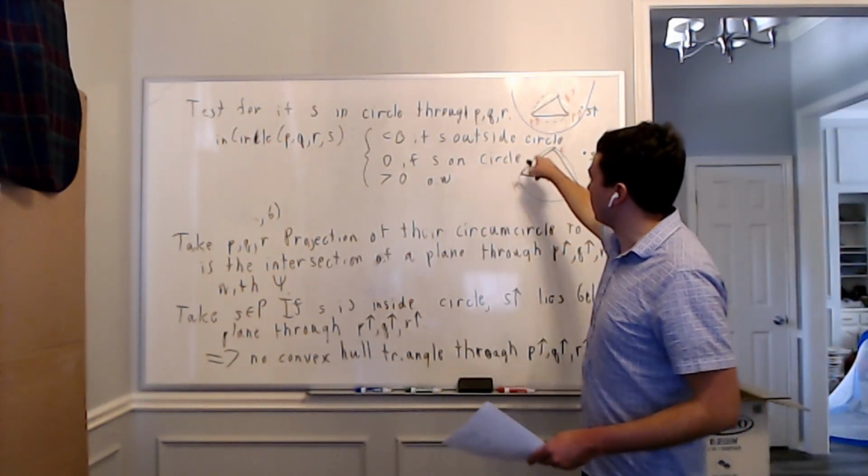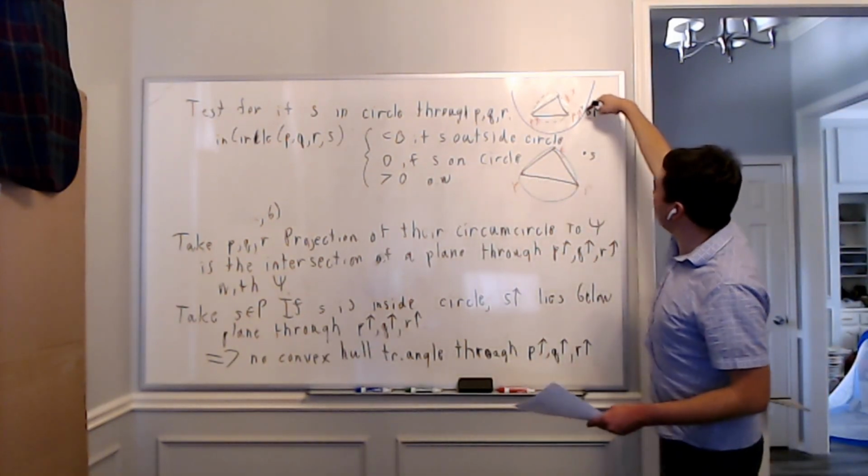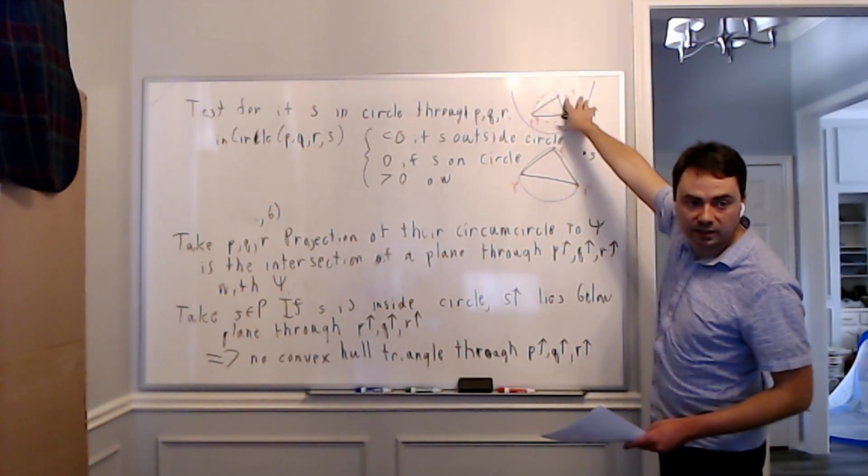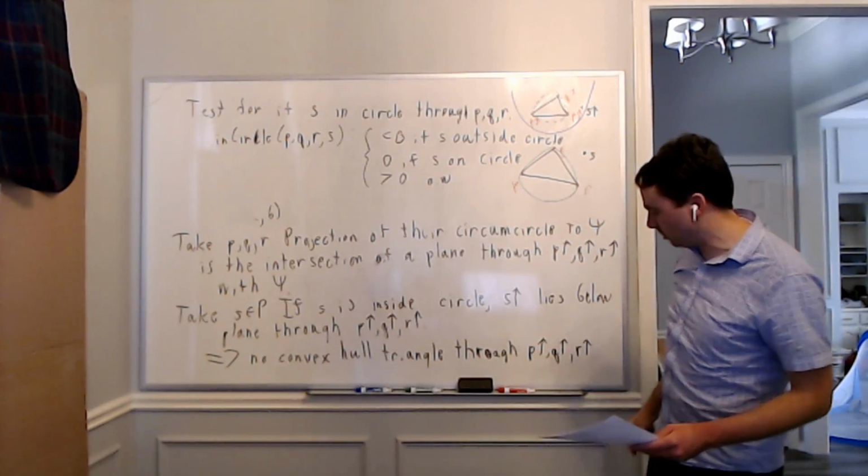Well, we know S is outside the circle if and only if its lift lies above the plane going through the lifts of P, Q, and R.